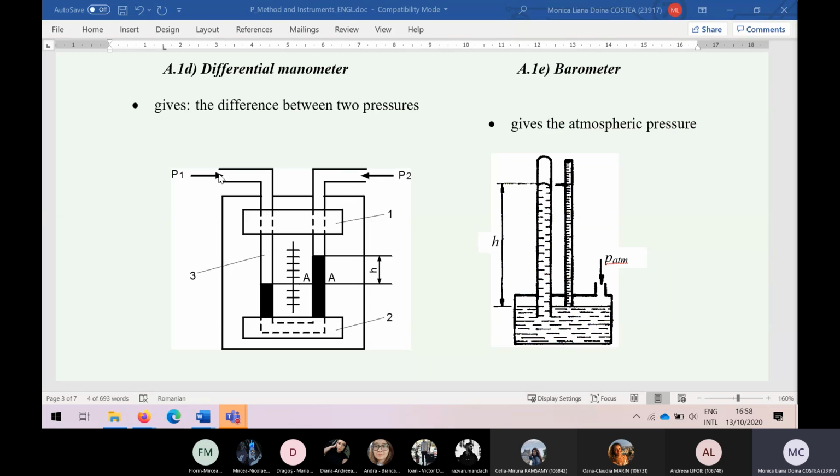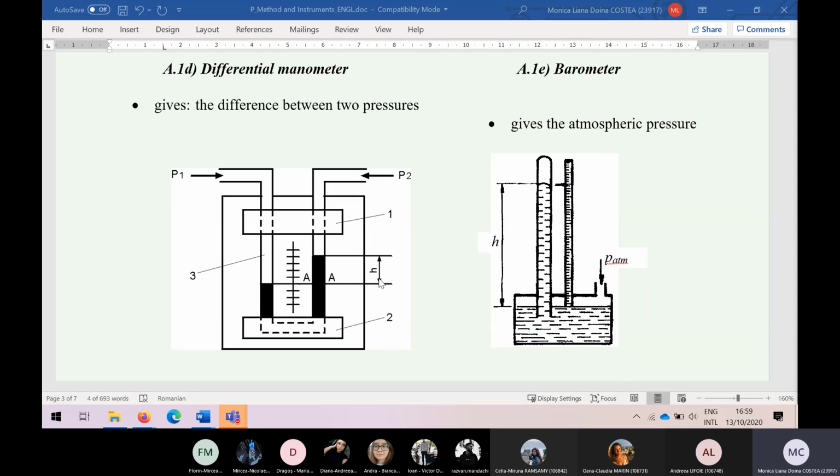So both have relative pressure as information. There is no atmospheric pressure that enters in discussion, which means that this differential manometer gives directly the pressure difference between the two. Actually, not the values of the two pressures, but the pressure difference corresponding to the deformation of the column on the height h.